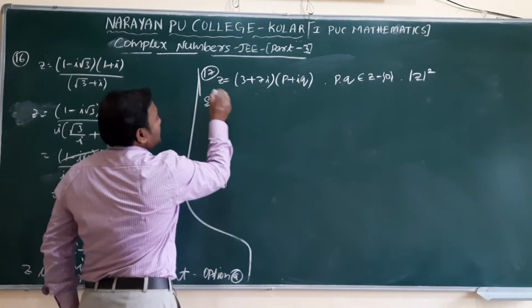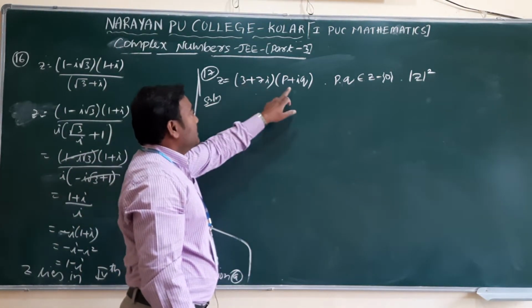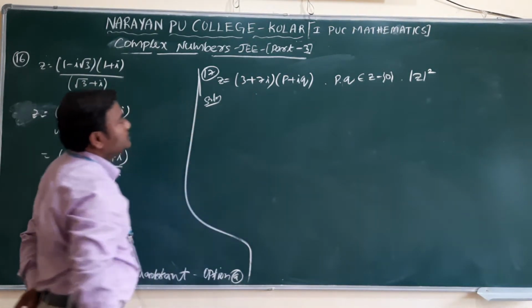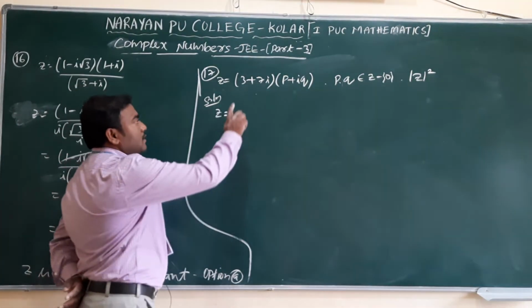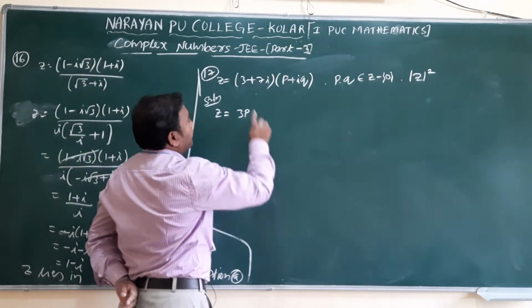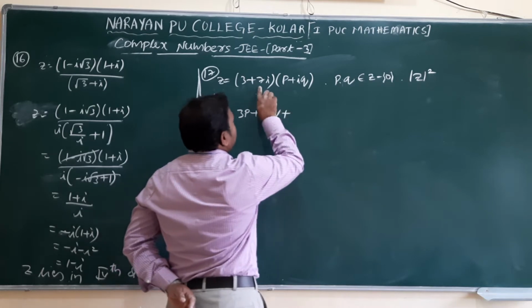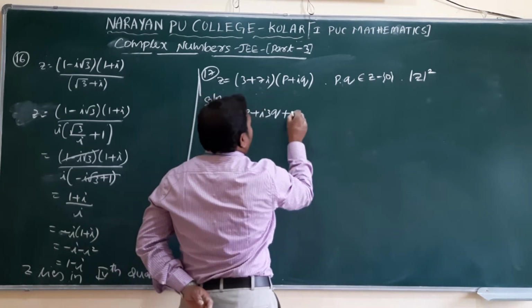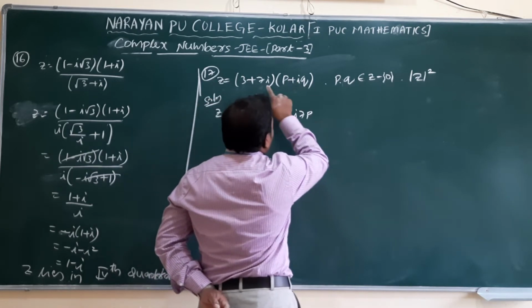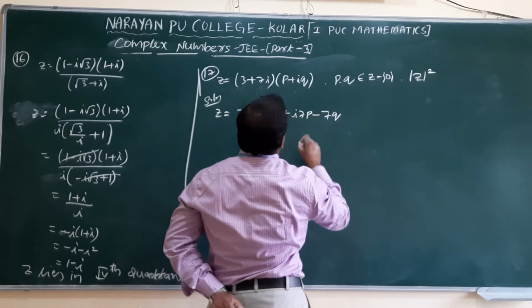Here solution. So multiplying here, 3 into p, 3p plus 3 into iq, i into 3q, plus 7i into p, 7ip, and 7i into iq, so i square, minus 7q.